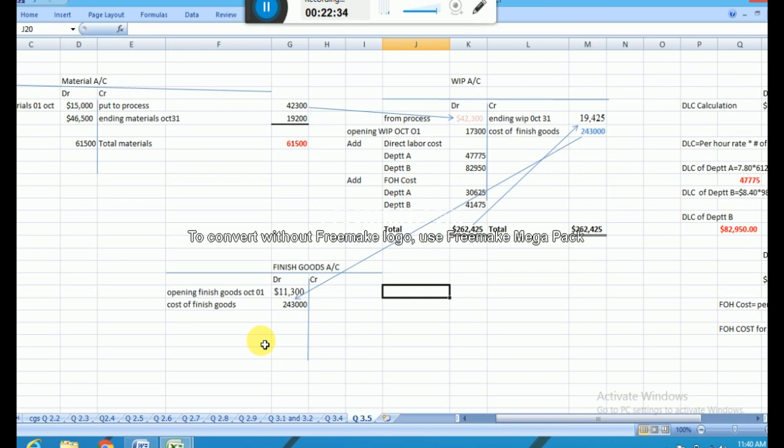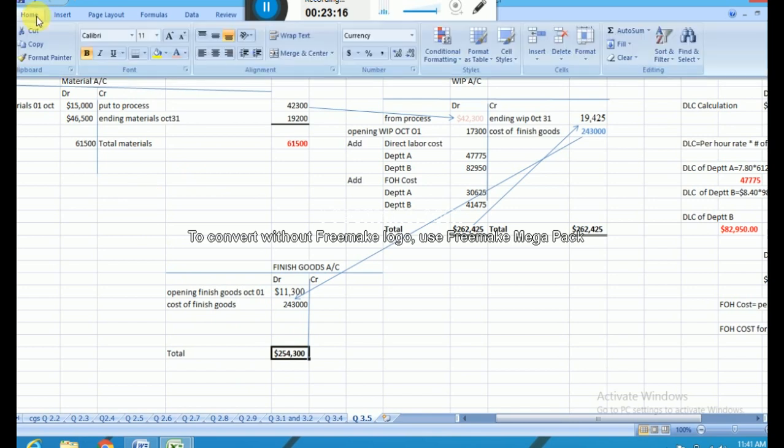The 11,300 finished goods remain from the previous month, and in the current month we produced $2,43,000. So how much total do we have now? We add the previous month's finished goods and the current month's production: $2,54,300.